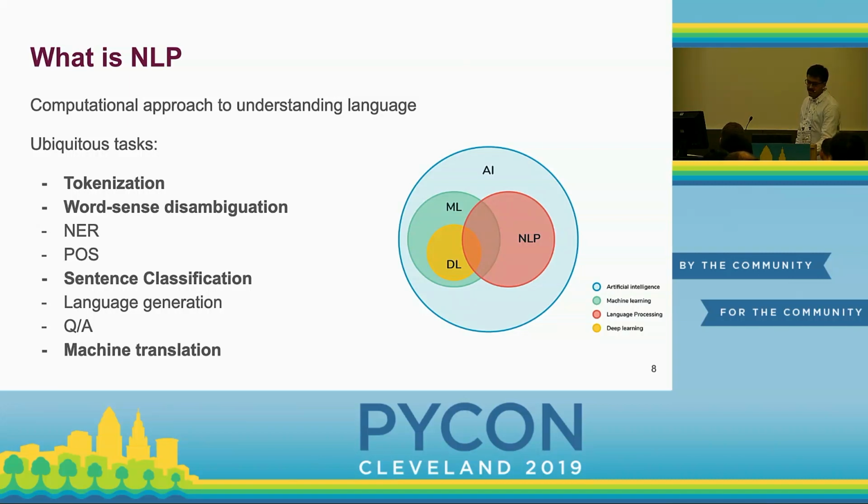Named entity recognition, part of speech, you may have heard about these concepts, sentence classification, language generation, question answering, and machine translation. All of this is included in NLP. And there's a little Venn diagram here, maybe not the most accurate, but I think it gets the idea. You can see that NLP is part of the whole AI movement.